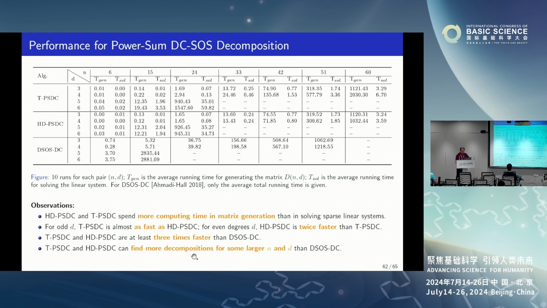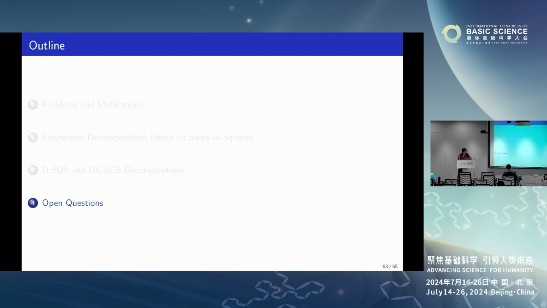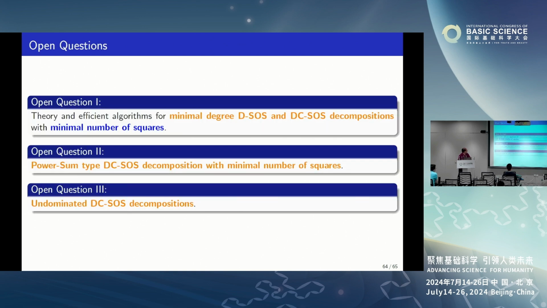I think it's about time, I will just talk about some interesting open questions. So here, the first open question is about how to get a minimal degree decomposition with the shortest number of terms. Because if we have a decomposition with degree minimized, the number of terms could blow up.